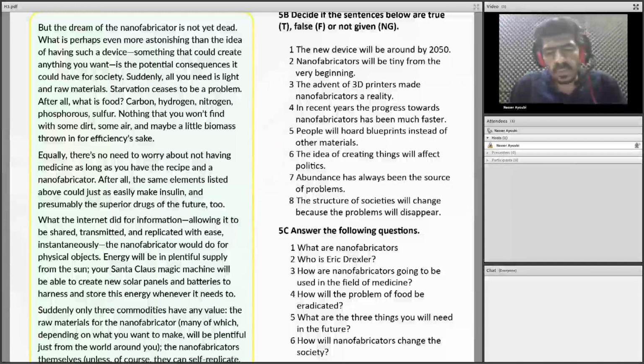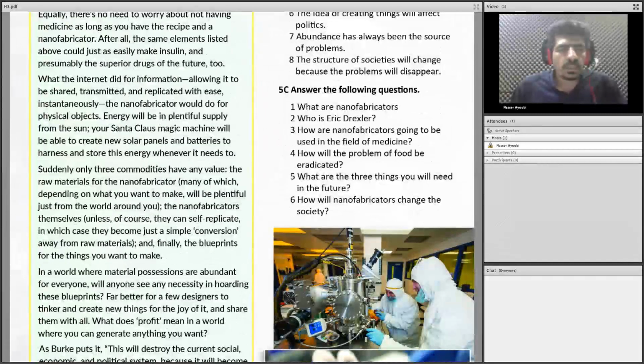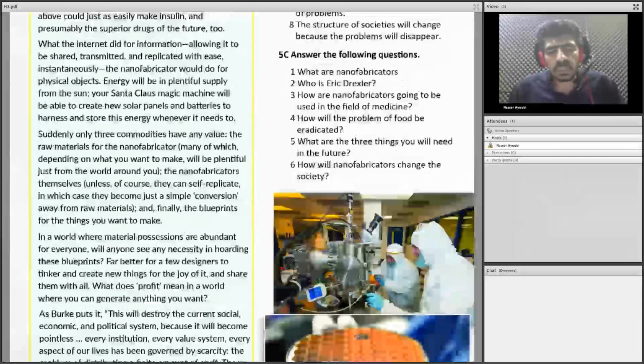Question 5. What are the 3 things you will need in the future? The 3 commodities are the raw materials, the nanofabricators, and the blueprints. Number 6. How will nanofabricators change the society?